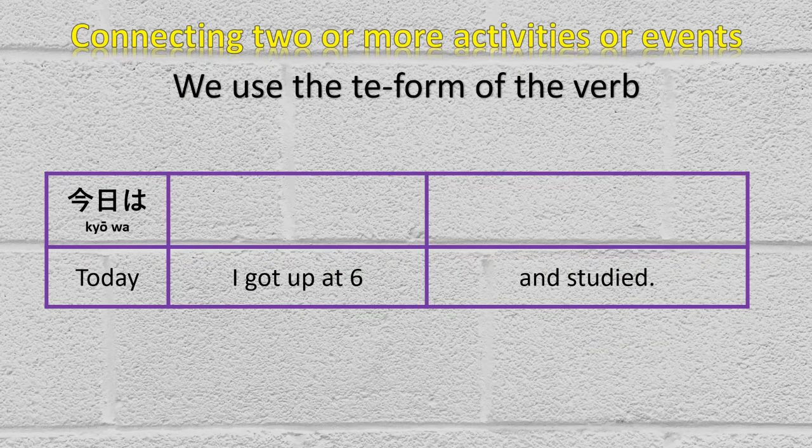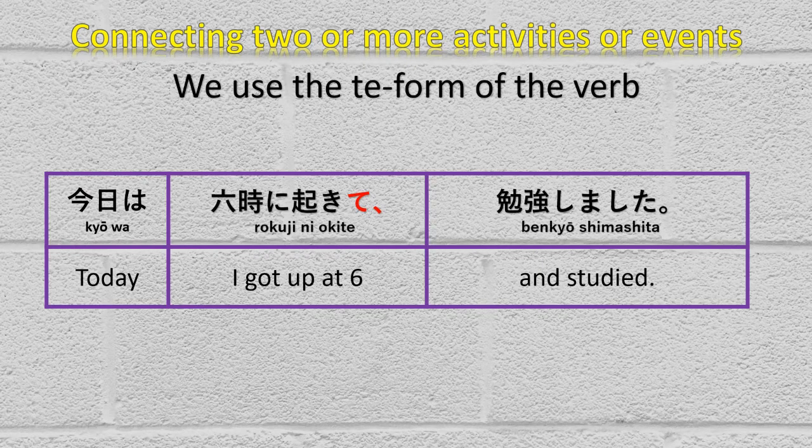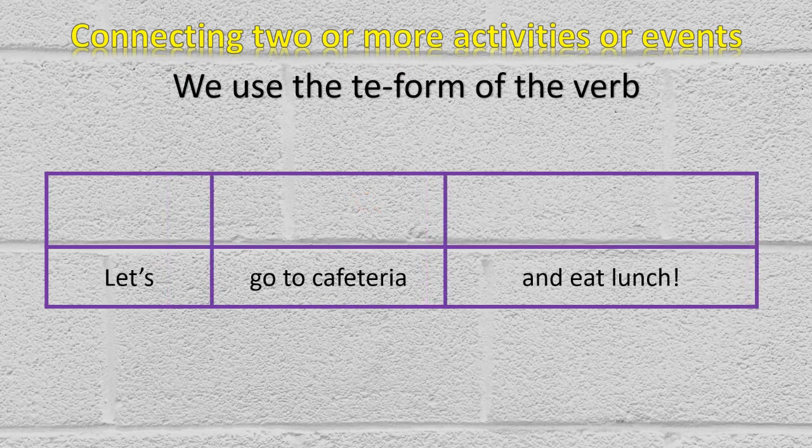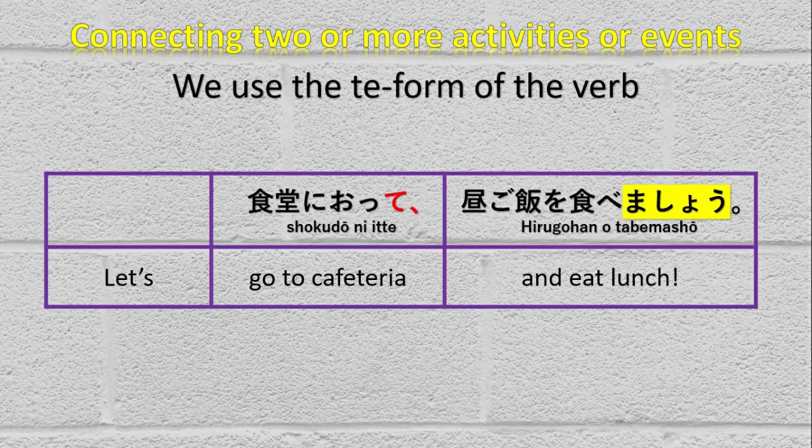Okay. Kyou wa 6時に起きて勉強しました。Today I got up at 6 and studied. Now, this is the volitional form. Again, we're going to use te. 食堂に行って昼ご飯を食べましょう。So here, because it is tabemashou, mashou, it's volitional, it means let's.